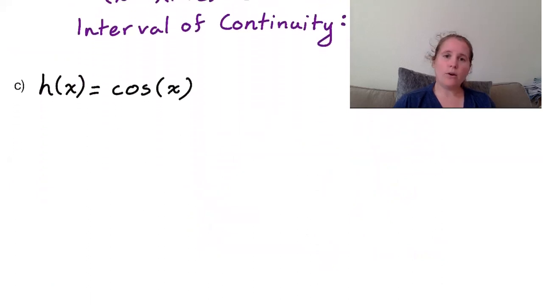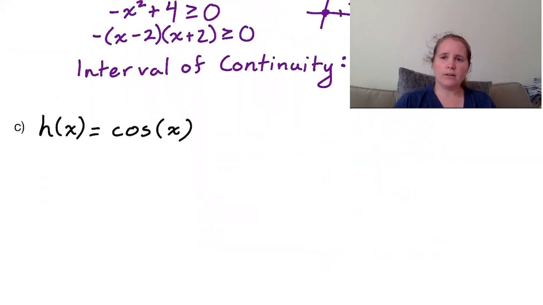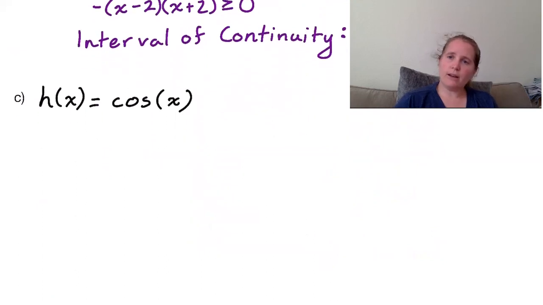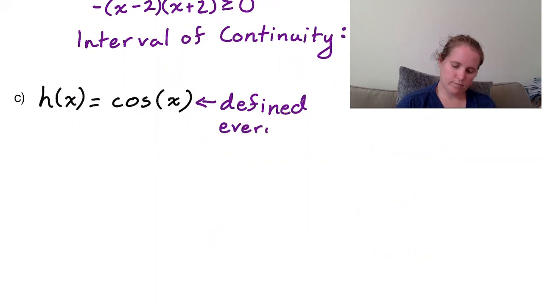Next up, cosine of x. Cosine of x is defined everywhere. And it's always connected.